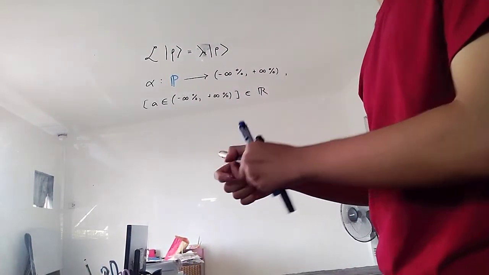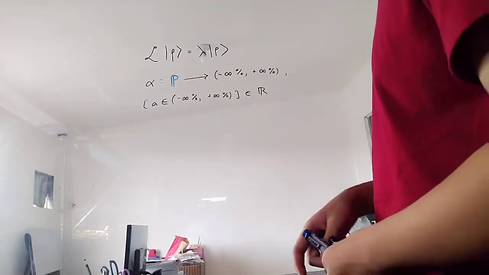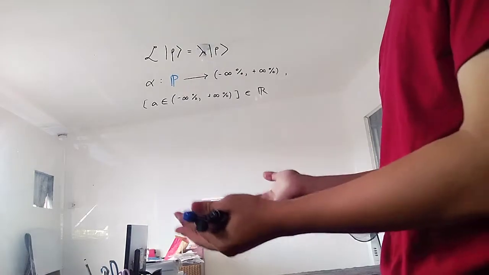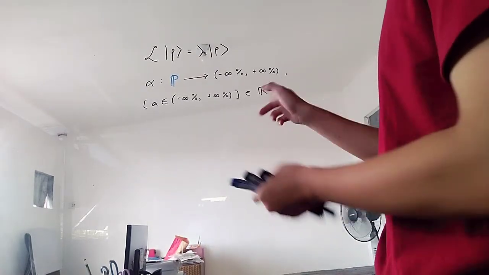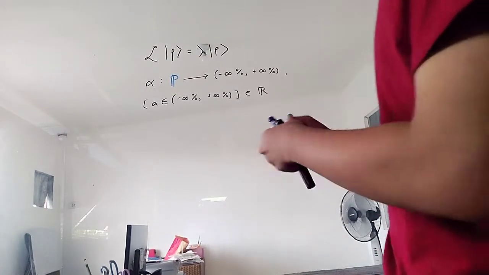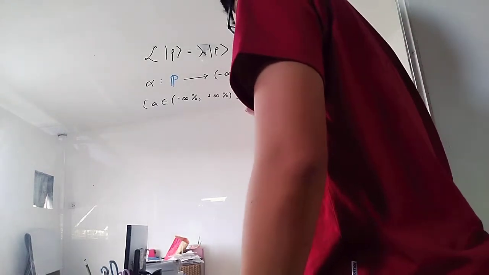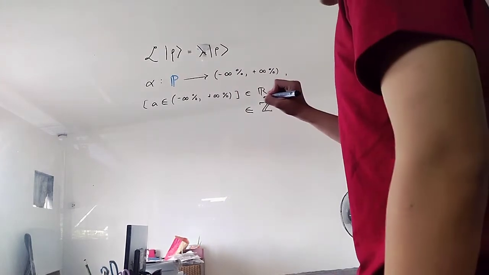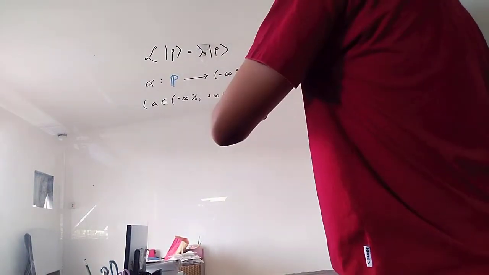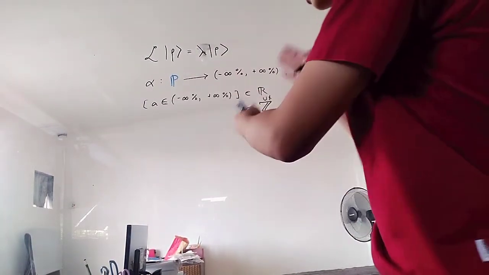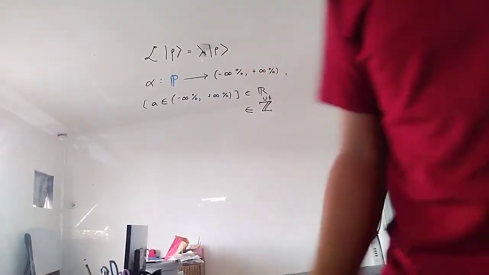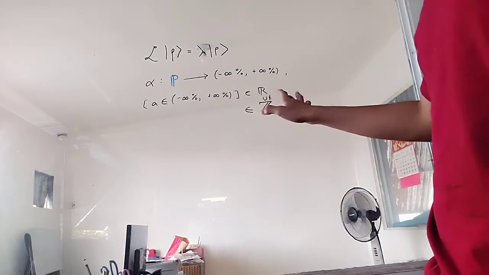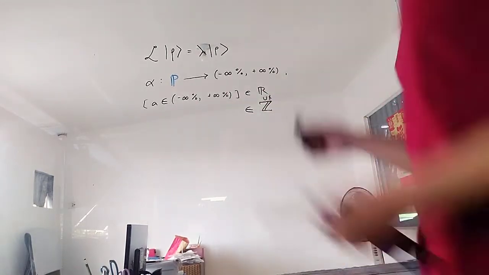or the integers if you want to restrict it to discrete values rather than decimals. If you just want to say 5%, 10%, 20%, you can say A is an element of the integers. But the integers are a subset of the real numbers, so you can still define a percentage as an integer, and it would still ring with our intuition.